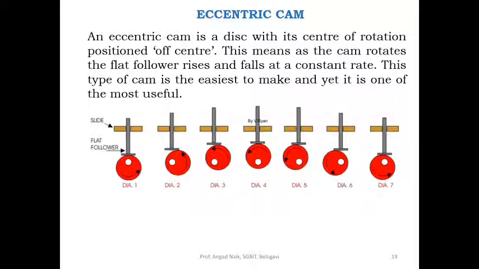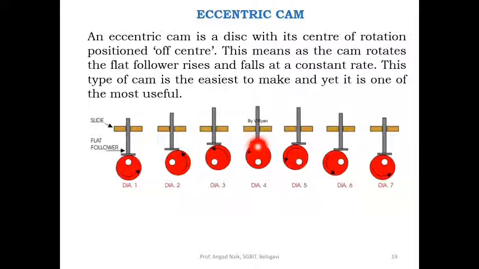From diagram 1 to 7, the cam rotates in anti-clockwise direction. As it rotates, it pushes the flat follower upward. So here the flat follower is in the bottom. It rises and reaches the highest point.